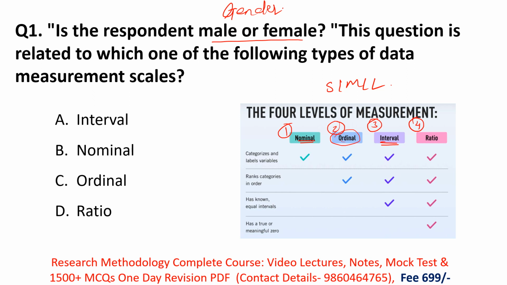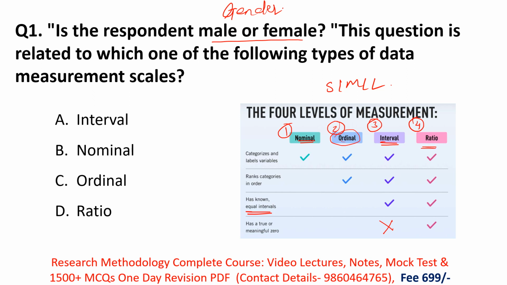In interval, all the characteristics of the ordinal scale are present, and in addition we arrange our variables in equal intervals, like a clock: 1 o'clock, 2 o'clock. Between 1 and 2 o'clock there is a difference of 1 hour, same as between 2 and 3 o'clock. But in interval, remember, there is no true meaning of 0.